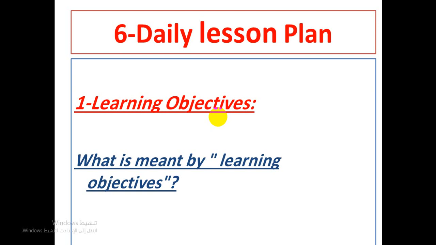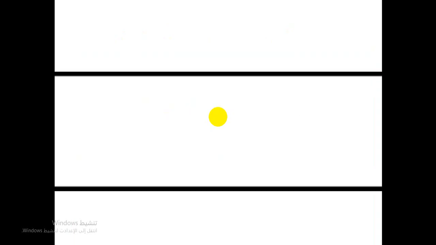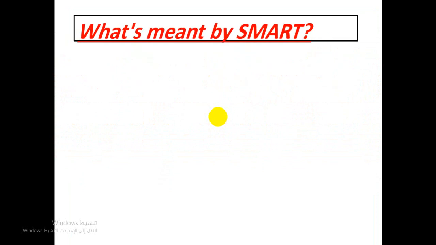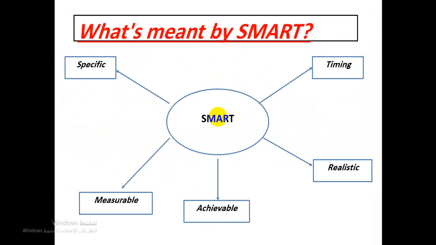So the expected outcomes in students' behaviors after having a certain experience have to be SMART. What is meant by SMART here?